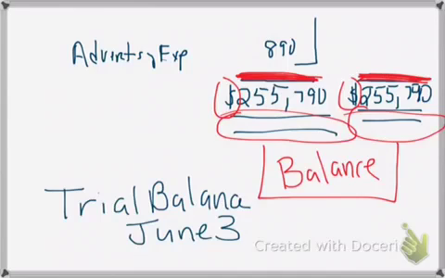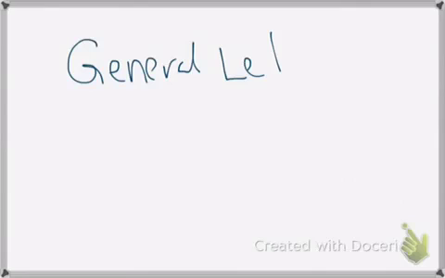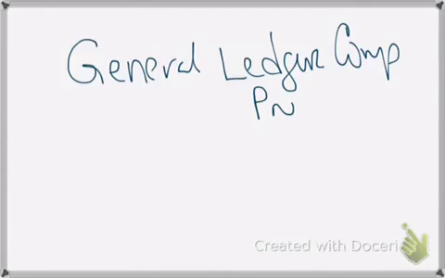Both of those answer keys are posted into Blackboard. The answer key for the general ledger is under General Ledger Comprehensive Problem. So that's going to be your answer key for the actual general ledger.